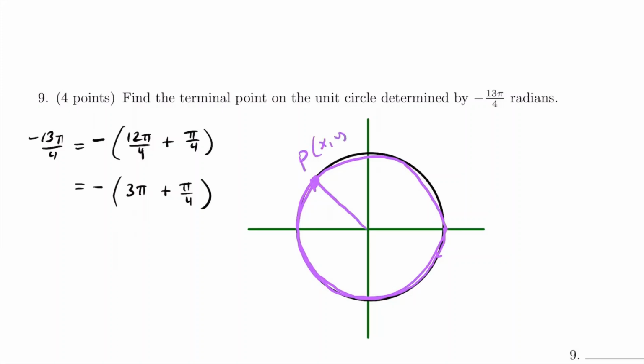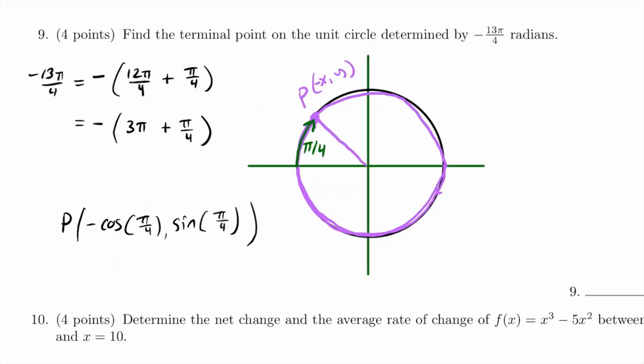We want the x and the y coordinate. Now remember, since you're in the second quadrant, your x coordinate is negative. So where's the reference angle? Well, the reference angle is this piece right here. That's the angle we're looking for. And we know that's pi over 4. So our point P, the terminal point, will be cosine of pi over 4 and sine of pi over 4.